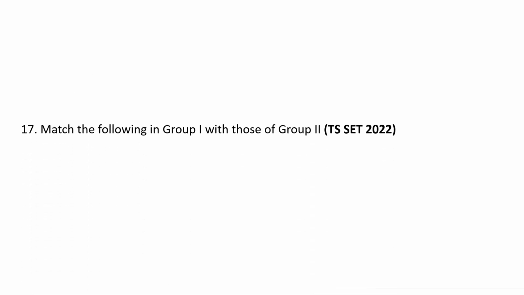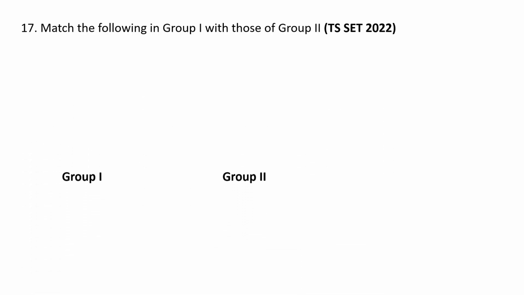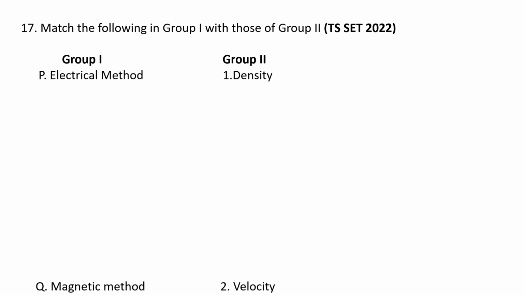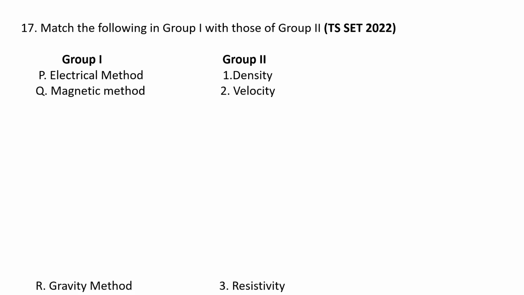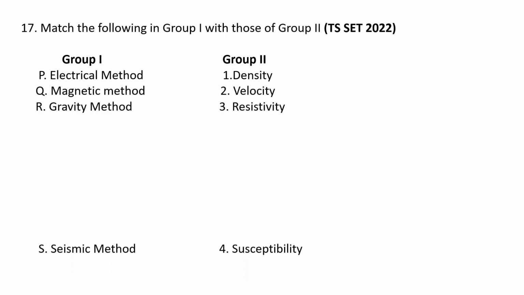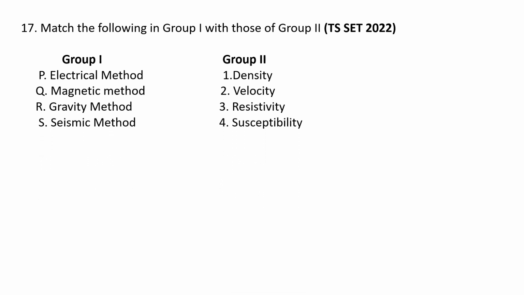Next question. Match the following in group 1 with those of group 2. There are two groups given. In group 1, P, Q, R, and S are given: electric method, magnetic method, gravity method, and seismic method. In group 2, density, velocity, resistivity, susceptibility, and dielectric permittivity are given. We have to match group 1 to group 2.